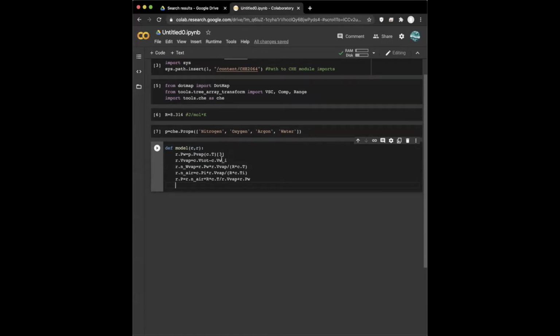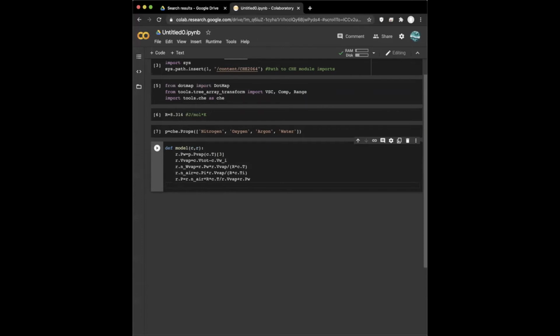VW underscore I is the initial volume of the water, but we're not losing that much to the vapor form, so it's not necessarily too bad. And then this is the moles of the water vapor. This is the moles of the air and all of that. So all of these R dot whatever, it just stands for a variable.